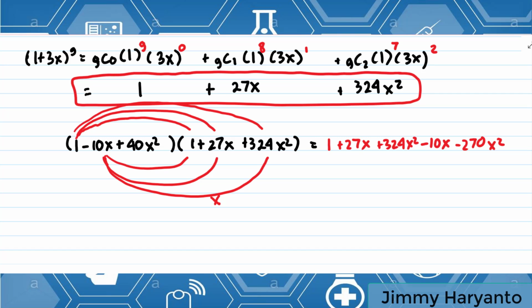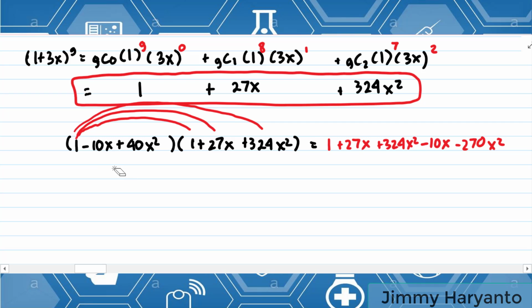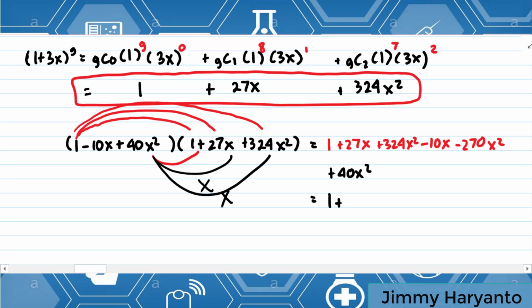The question only wants us to find up to x squared, so x cubed we don't need. And then next one, this one is 40x squared. This one cannot because x cubed. This one also cannot because x to the power of 4.